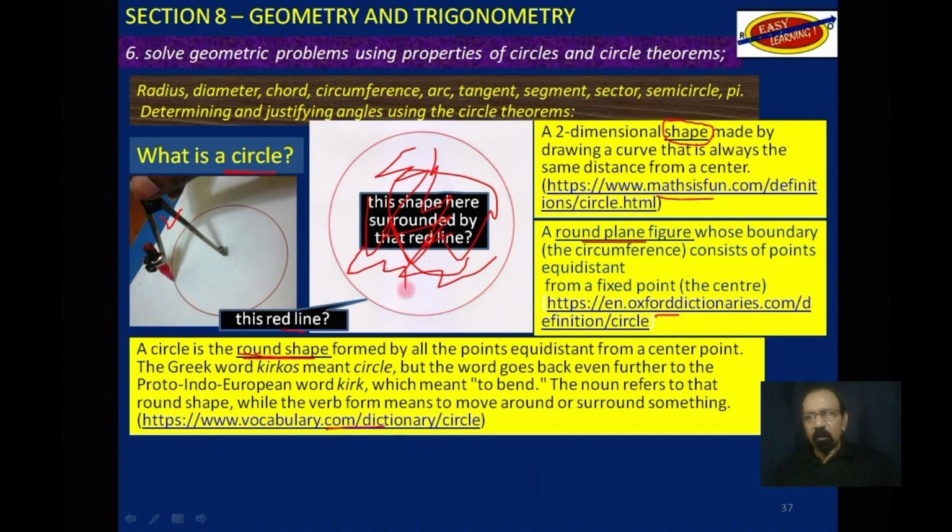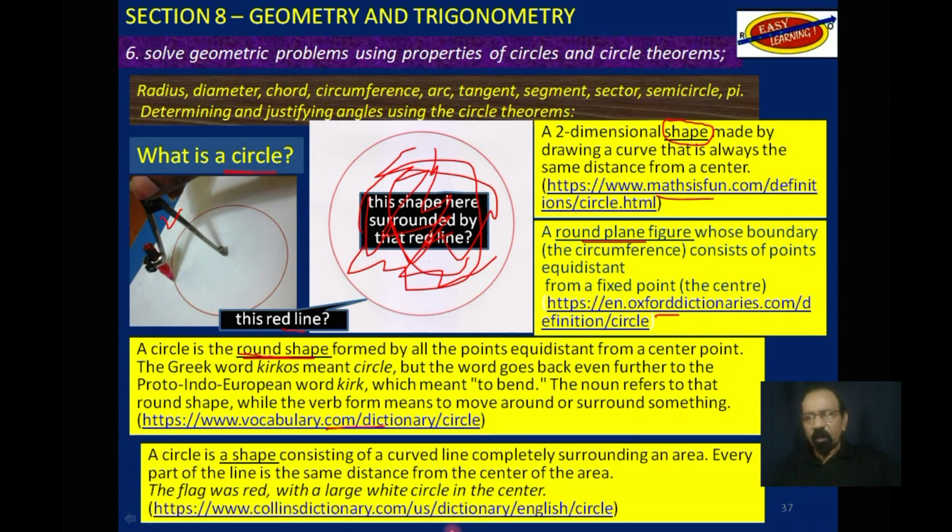So it is a space. And lastly, this dictionary here says it is a shape. So again, those 4 dictionaries say it is the space within that red line.